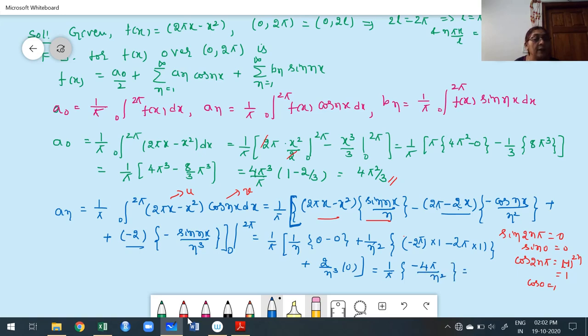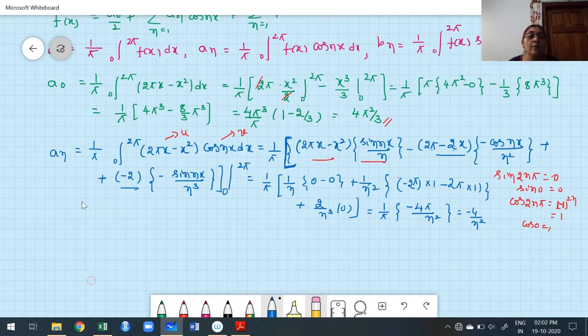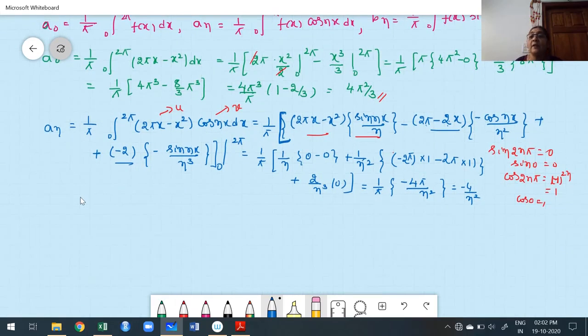After the simplification, minus 4 by n square is the value of an. Please observe carefully: I already wrote the value of cos 2n pi, that's why I wrote 1 directly here. Minus 2 pi minus 2 pi is minus 4 pi into 1 by n square, the whole multiple of 1 by pi.